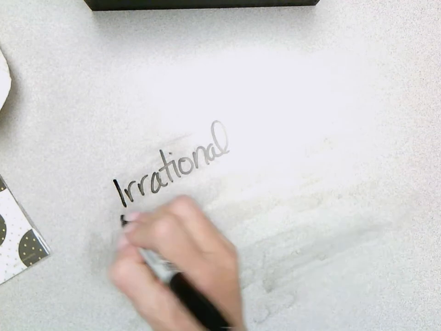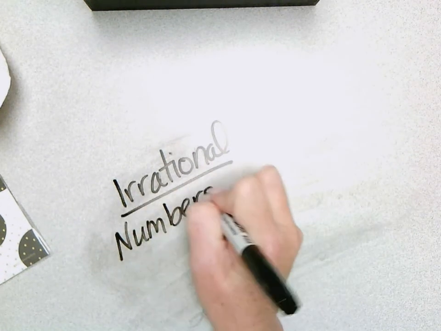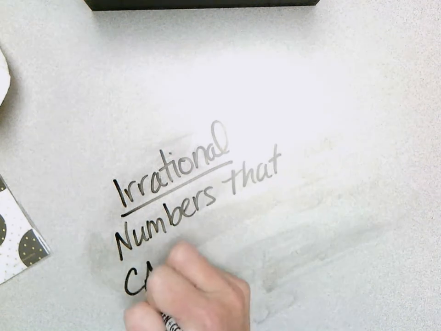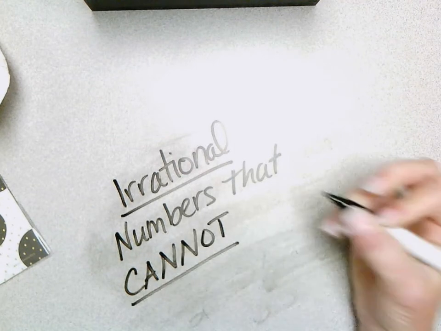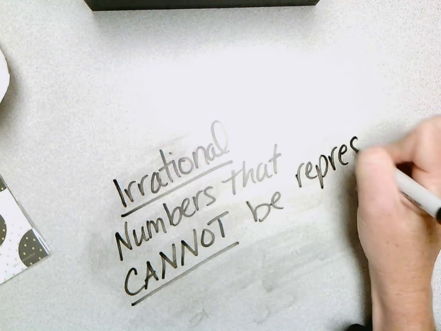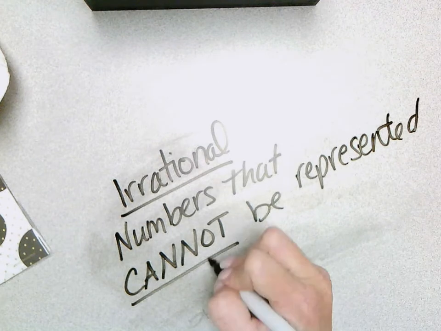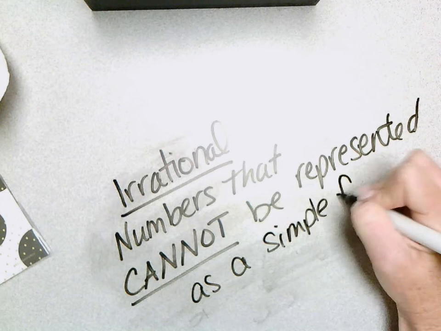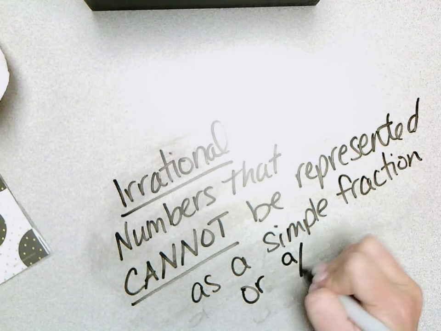Okay, an irrational number is numbers that cannot be represented as a simple fraction or A over B.